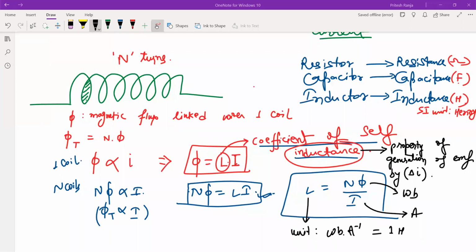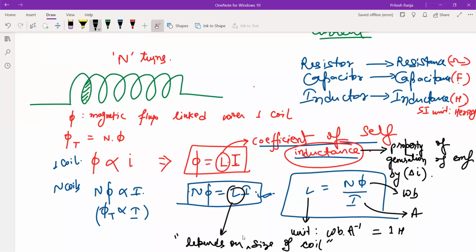So as we saw that resistance, capacitance, they are all dependent on the dimension of the conductor. So here L will also depend on dimension. L, let us remember, this also depends on dimension. So we can say size of coil. L also depends on the size of coil.